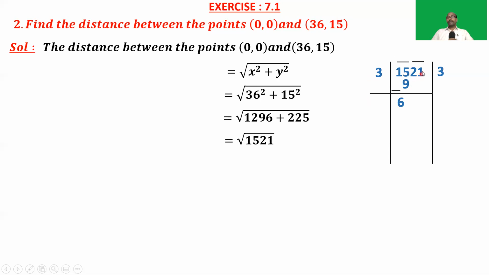Now write down this part 21 and add 3 to this 3, which is equal to 6. And now 69 9s are 621. So here the square root of 1521 is 39. So root 1521 is 39.